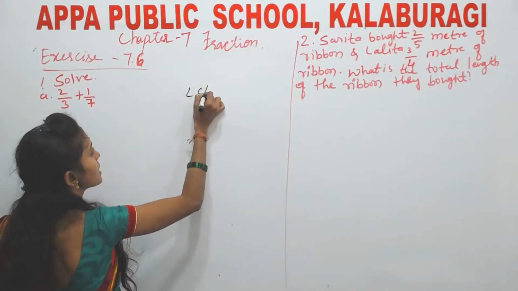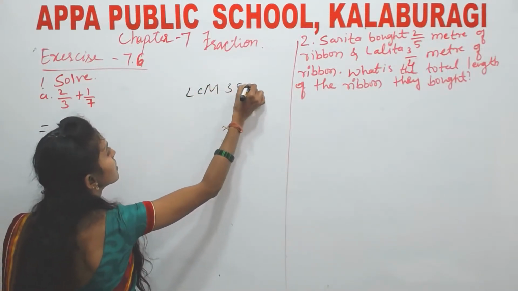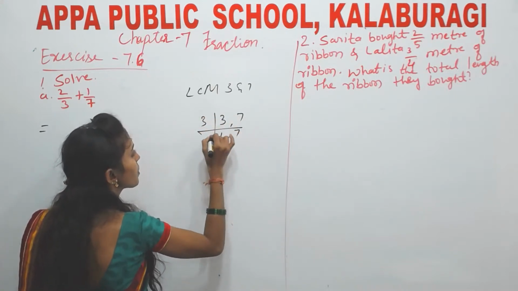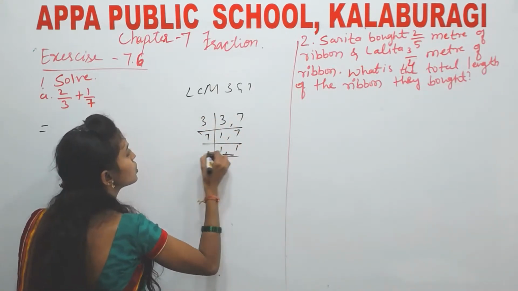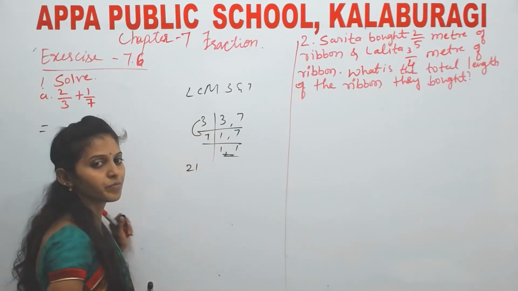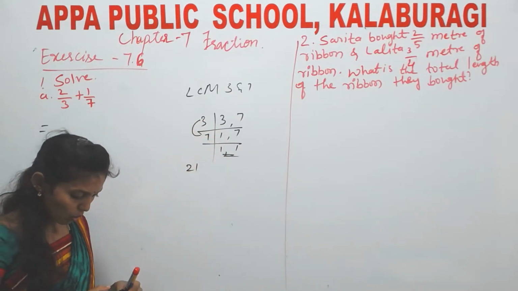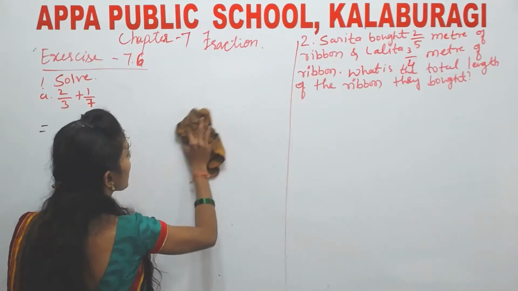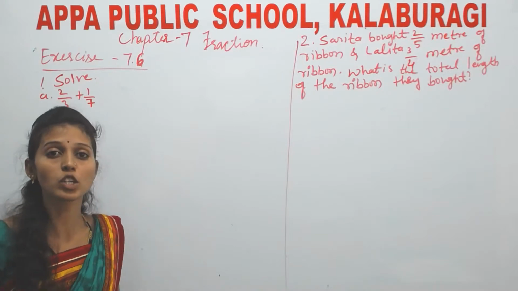Let us check it. LCM of 3 and 7: 3 ones are 3, 7 stays as it is, 7 ones are 7. So LCM will be 21. So when denominators are co-prime, use cross multiplication method.